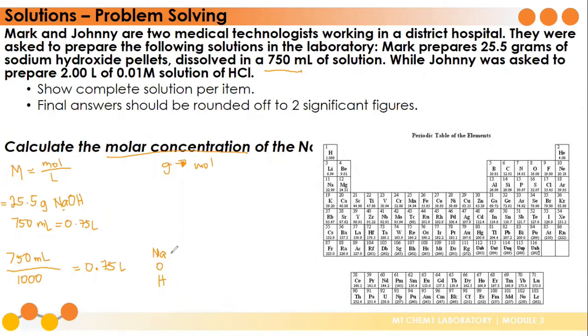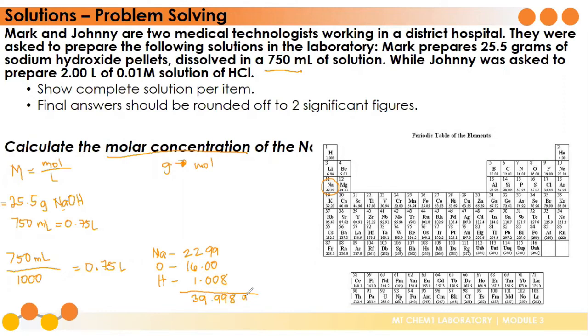So for sodium, we have 22.99. And then for oxygen, we have 16.00. And then for hydrogen, we have 1.008.